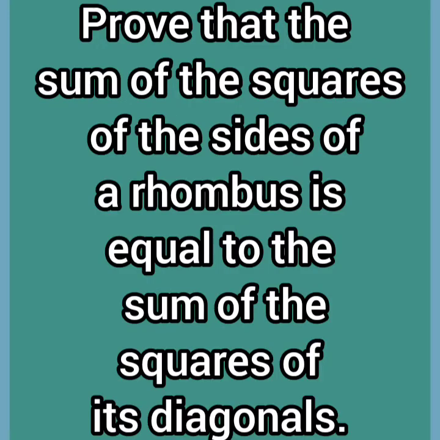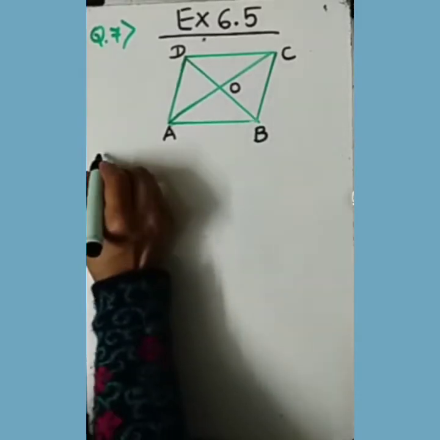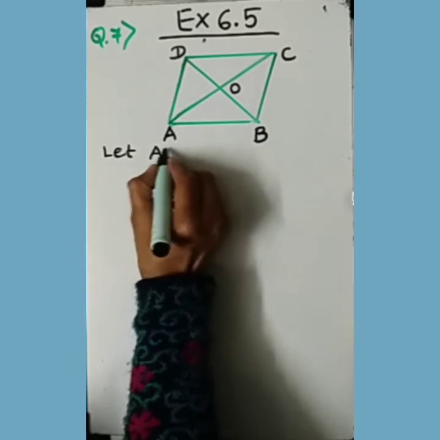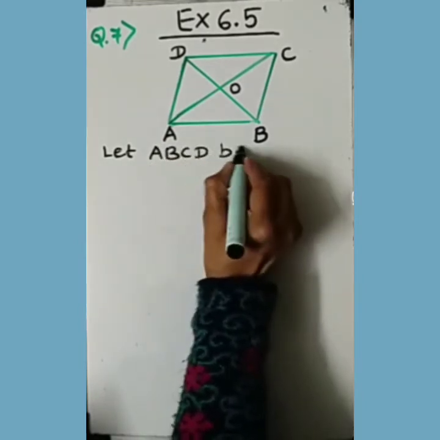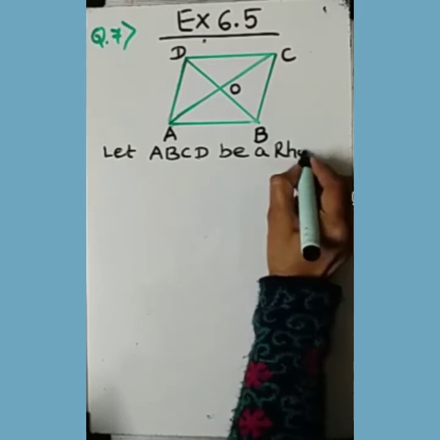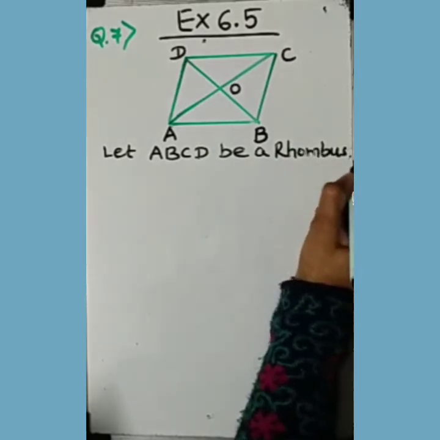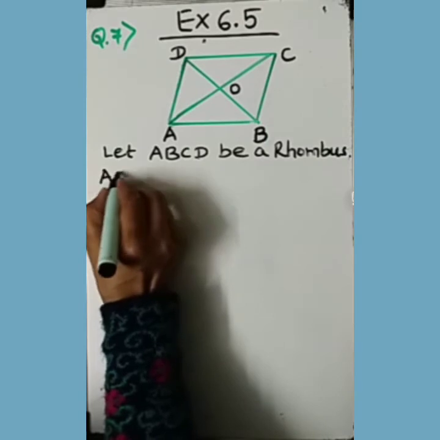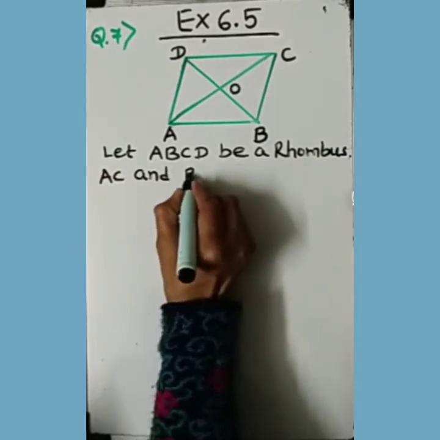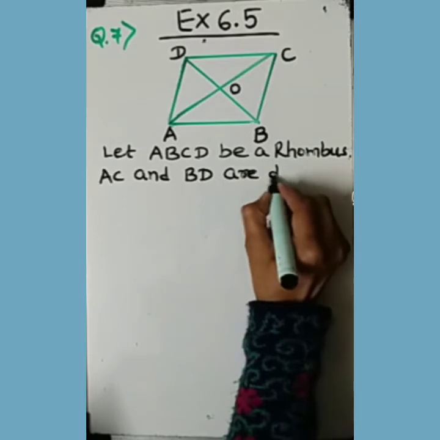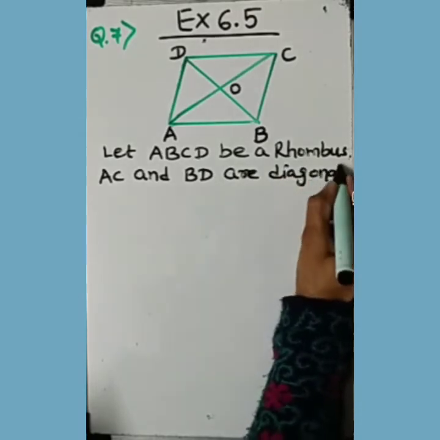Prove that the sum of the squares of the sides of a rhombus is equal to the sum of the squares of its diagonals. This is a very important question for exam purposes. Here, let ABCD be a rhombus, and in that AC and BD are its diagonals. This we are given in the question.